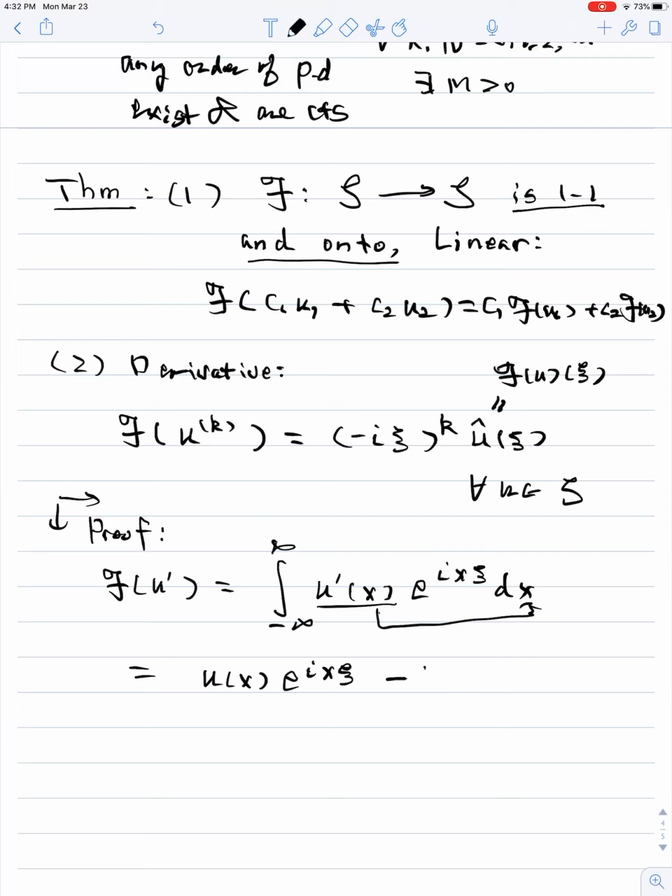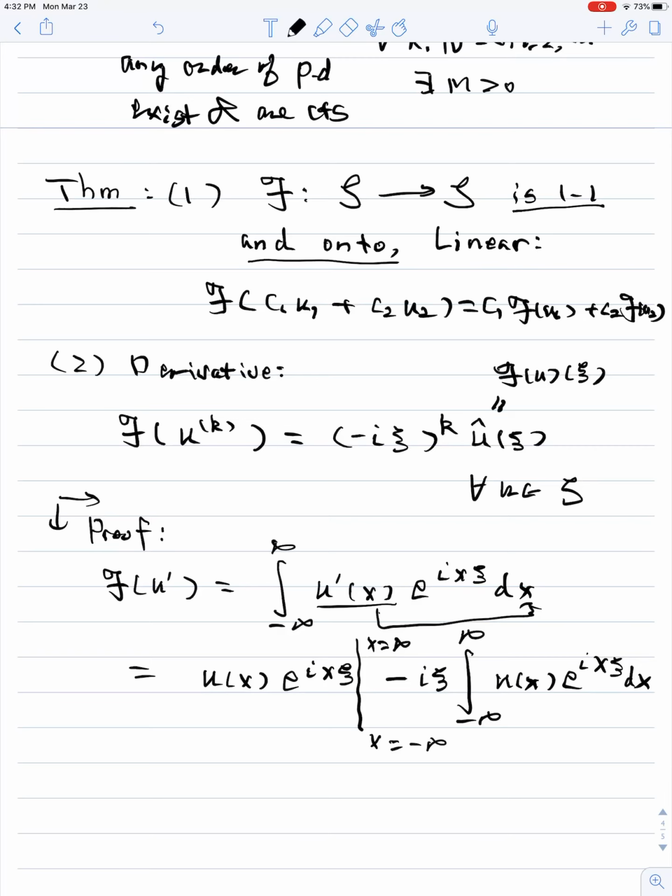We have iξ come out, and then the integral from negative infinity to positive infinity of u(x) e^{ixξ} dx, and the boundary term is evaluated at x equals negative infinity and x equals positive infinity.